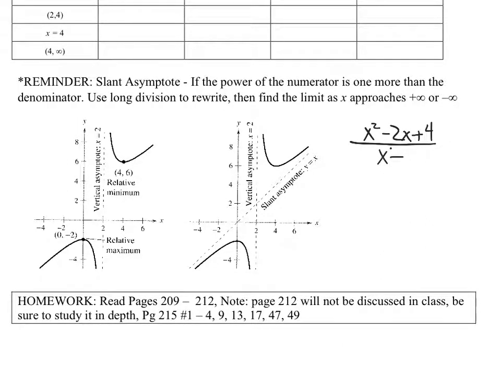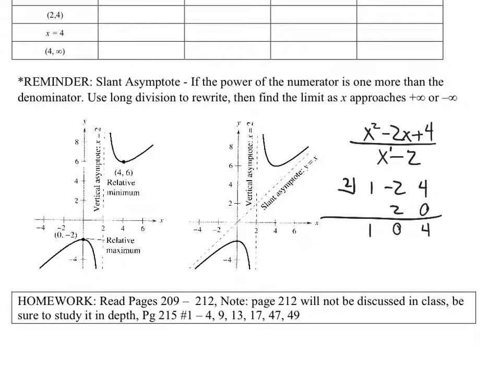Remember, when the degree is exactly 1 higher, we can actually divide. And remember, we divide and then ignore the remainder. I'm going to use synthetic division here because that's cool and easy. So I'm putting these here. I bring down the 1, times 2, that's 2, 0 plus 2 is 2, times 2 is 4, 4 plus 4.